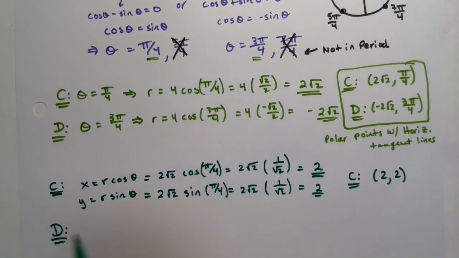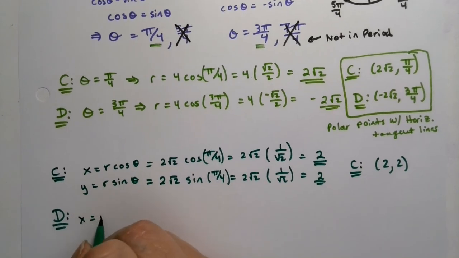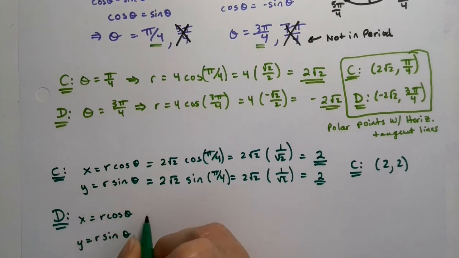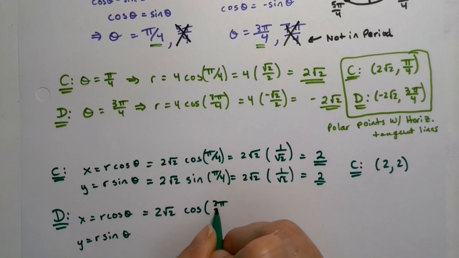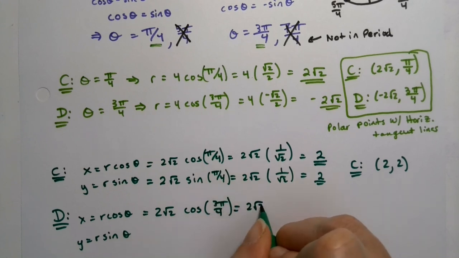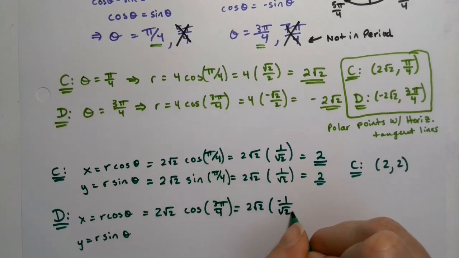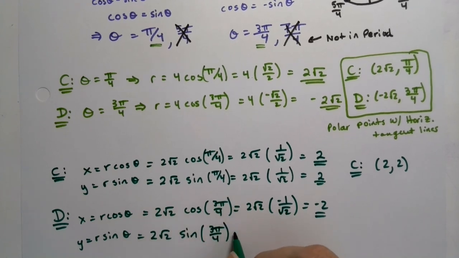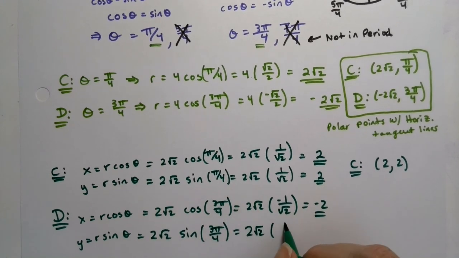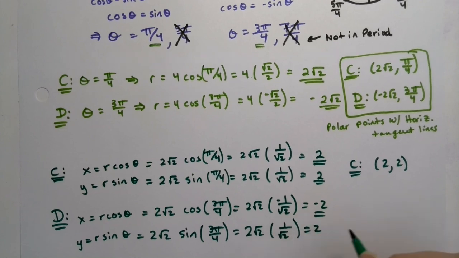D, that same point, this is polar form, so rectangular form, x would be r cosine theta, y is equal to r sine of theta. So this is 2 square root of 2 cosine of 3 pi over 4, which is 2 square root of 2 times negative 1 over the square root of 2, which would be negative 2. And then this would be 2 square root of 2 times the sine of 3 pi over 4, which is 2 square root of 2 times positive 1 over the square root of 2, which is 2.